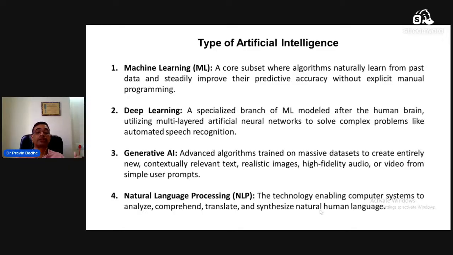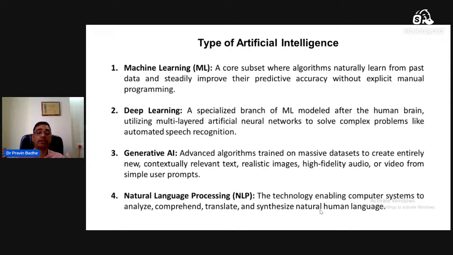Then the third is generative AI, where advanced algorithms are trained on massive data sets, and the relevant text and images can be created, audios and videos can be created using simple prompts.